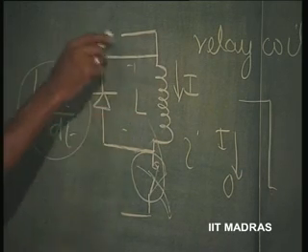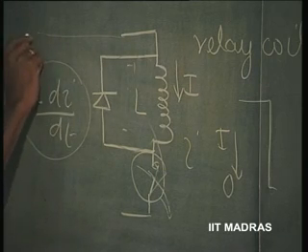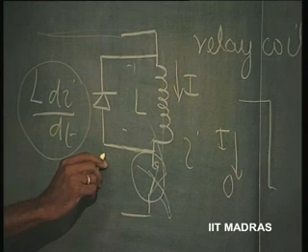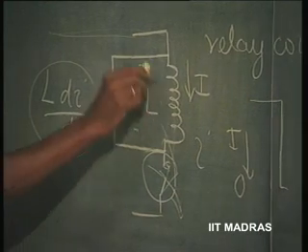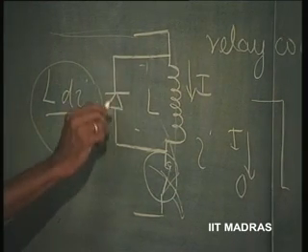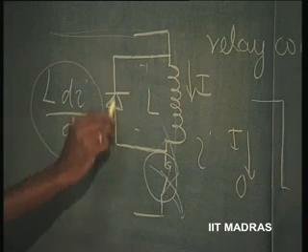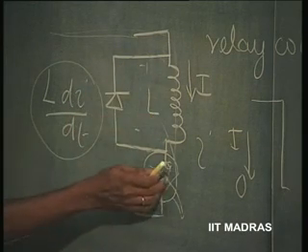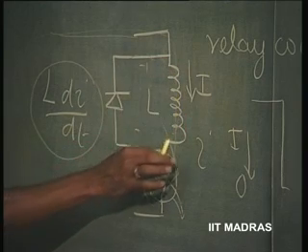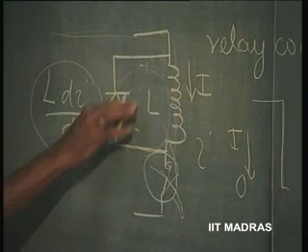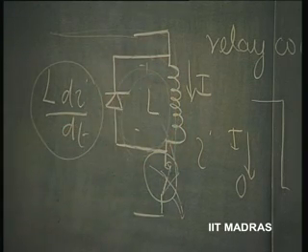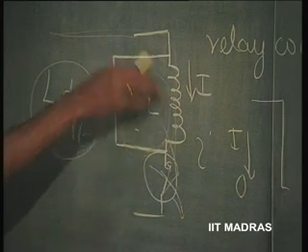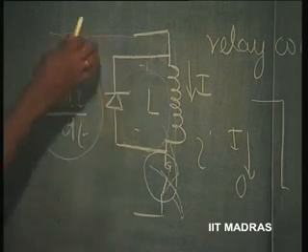Earlier, this circuit has a current injected through this, and the current through the diode is 0 because the diode is reverse biased. So, the current cannot flow through the diode in this direction, but the moment the switch is opened, the inductive current can flow through the diode like this. It will flow through the diode until the entire energy gets dissipated in this circuit itself.